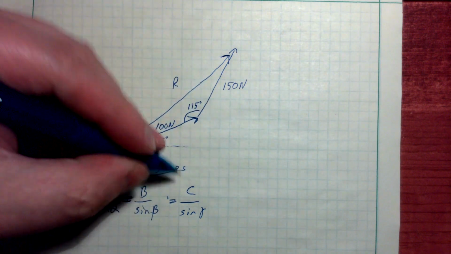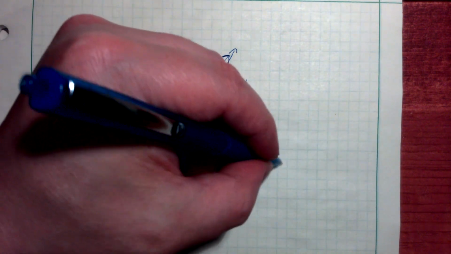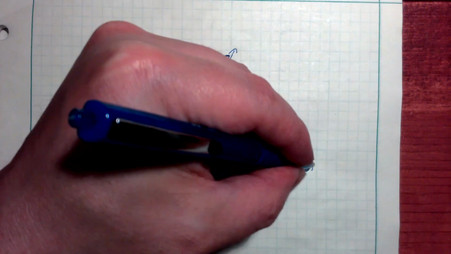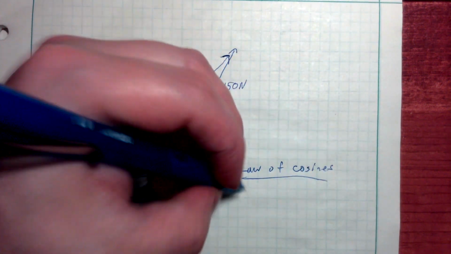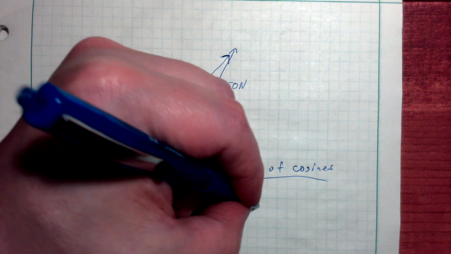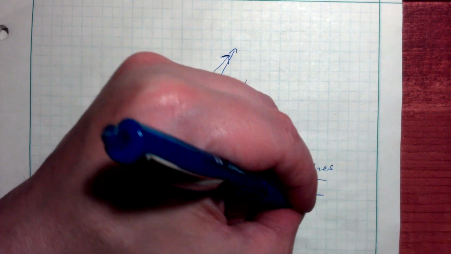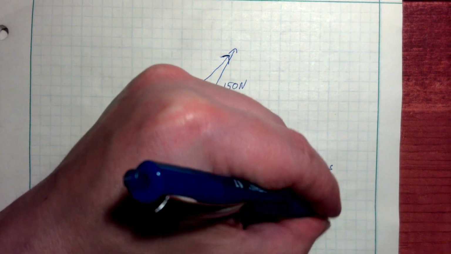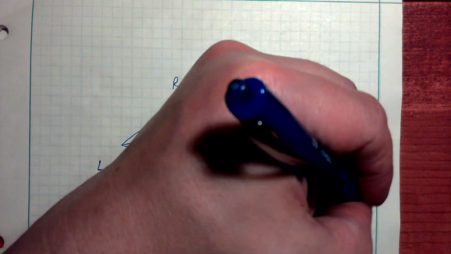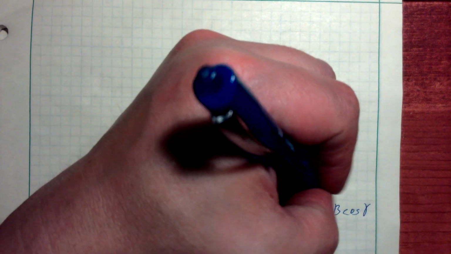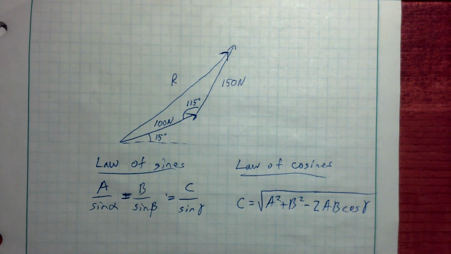And then there's also the law of cosines, which says that c is equal to the square root of a squared plus b squared minus 2ab cosine of the angle opposite of c, that's gamma.